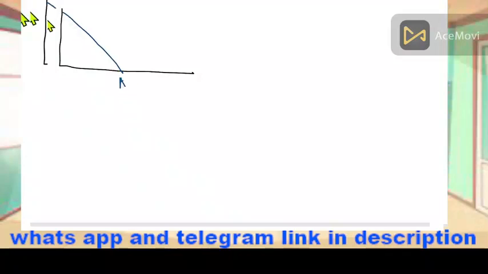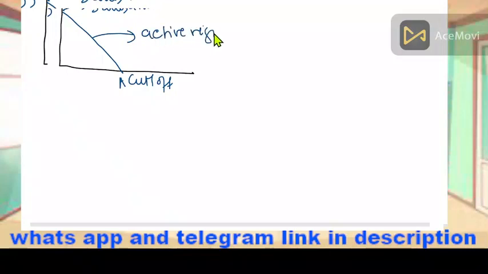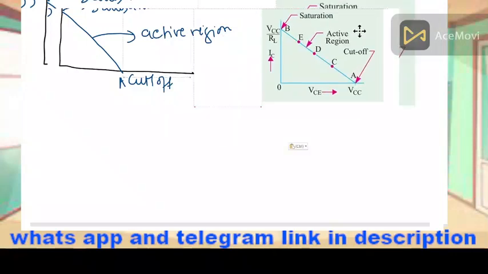This is the DC load line, this is A, this is B, this is cutoff, this is saturation, and whatever lies in between is the active region. We are interested for amplification in this active region.